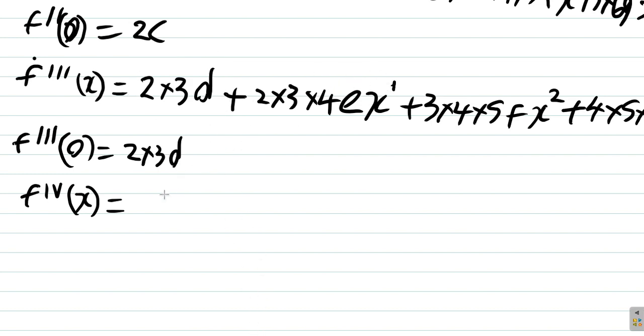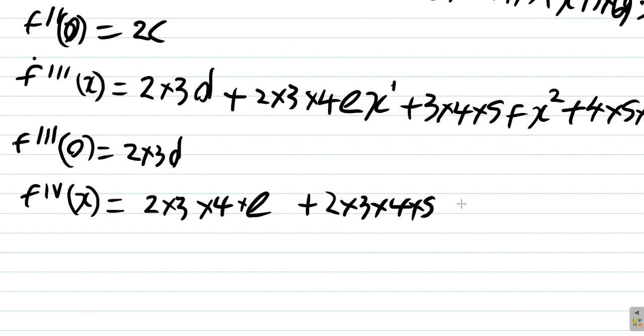But what happens here? 1 times 2 times 3 times 4 times e x to the 0. This is going to be 1 plus 2 times 3 times 4 times 5 f x to the 2 minus 1 is 1. We don't need to show it.